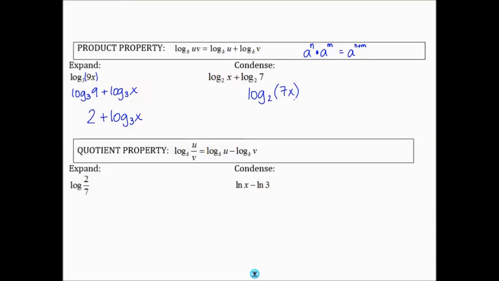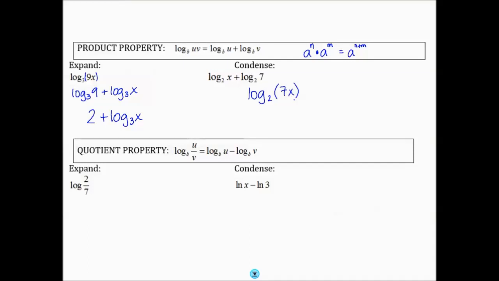When we get to solving exponentials and logs in the next couple days, you will need to expand and condense logs to make the problems easier. If you get to calculus and you're trying to take the derivative or the integral of a logarithm, expanding or condensing that logarithm could make it easier or harder.